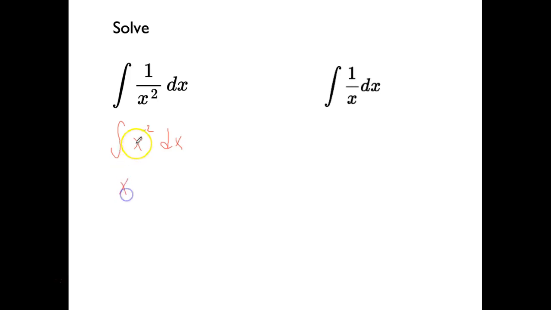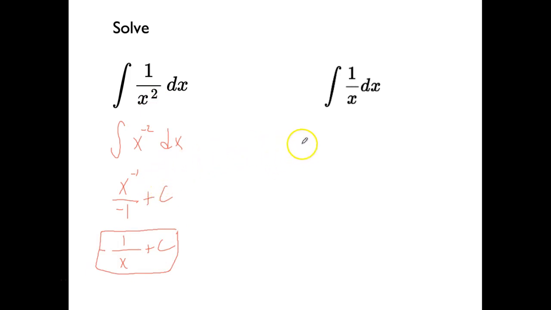So boosting it would make it negative 1 over negative 1, because it's boost and then divide, right? Plus c. And this rewritten is 1 over, and you could put the negative that's right here on top or the bottom, it doesn't really matter. I could put it out in front too. x plus c. Yeah, that is the integral of that.